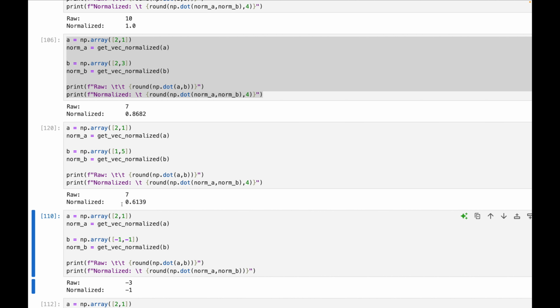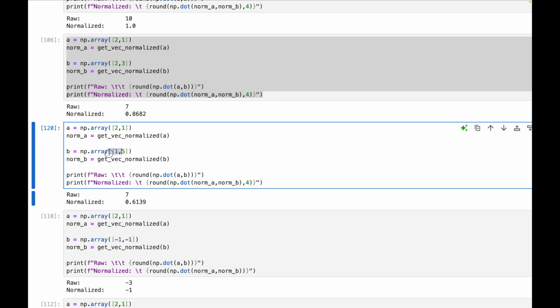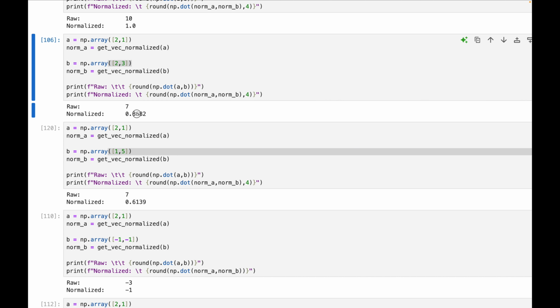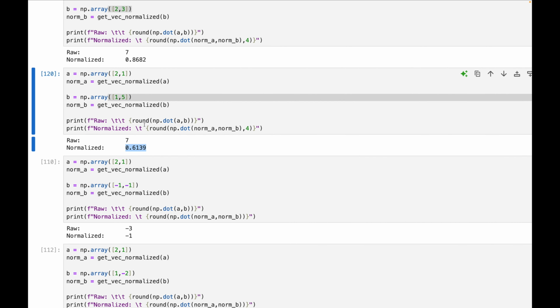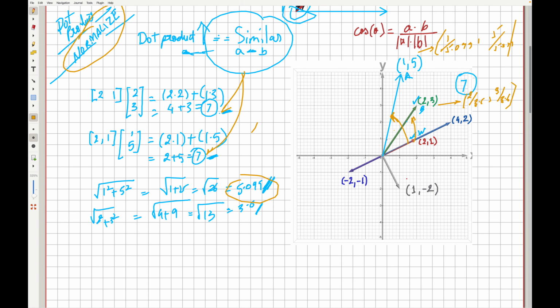So if we normalize this, we get a value of 0.61, sorry, a smaller value. A smaller value means that this vector is a little less similar to 2 1 as compared to 2 3, because the dot product here is a little larger than this one. So 0.8 as compared to 0.6, and that is what helps us when we normalize the vectors if they are of different magnitudes or different lengths.